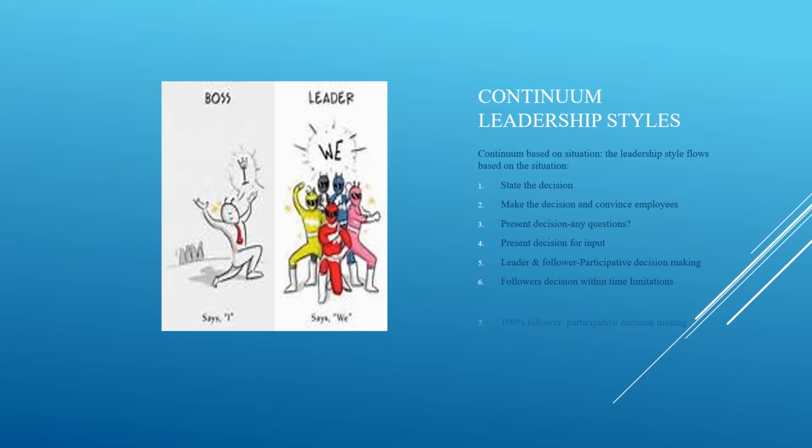And the final level, being the most participative, is the employees making ongoing decisions from beginning to end within time constraints. As noted, the more the employee participation, the longer the decision-making process and maximizing performance may be affected.